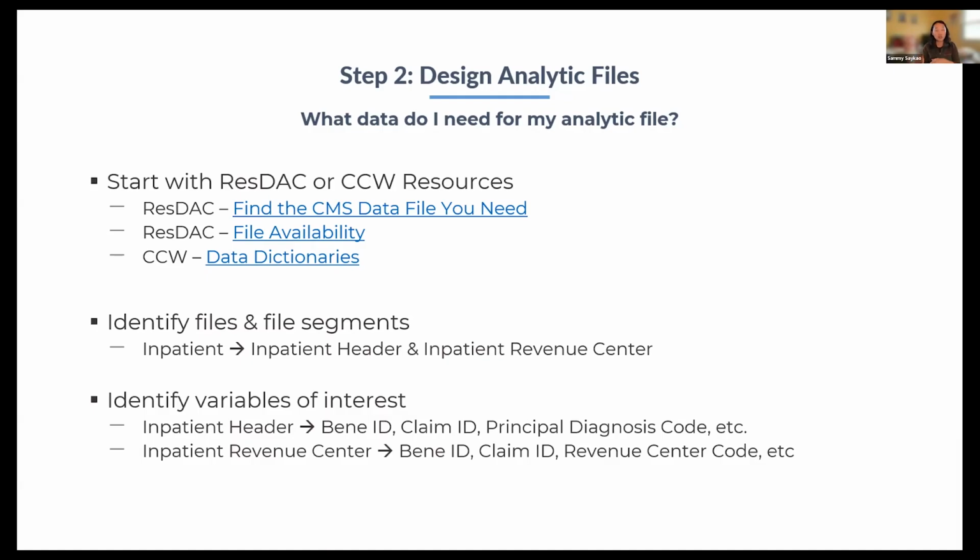And then I like to go even a step further into the meta and identify the variables of interest. So in the header, I'm thinking about the Benny ID, the claim ID, principal diagnosis code. And when I go into the revenue center, I'm thinking about similar things: Benny ID, claim ID, revenue center code.